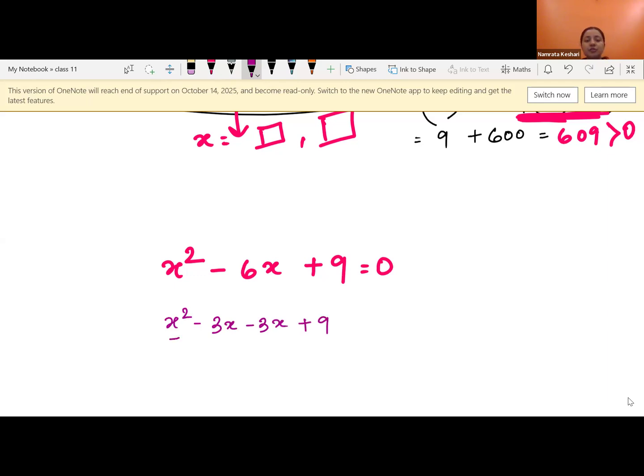From the first two terms, we will take out common, and it is x common, x minus 3, right? Yes. And from the next two terms, what is common, Abdul? 3. Positive 3 or negative 3? Negative 3. Okay, because this minus 3, when you take common, then only, just like the first bracket, you will be able to get only x over here, right?